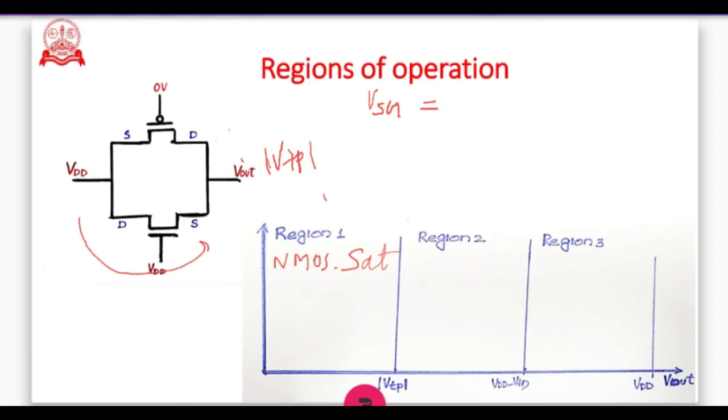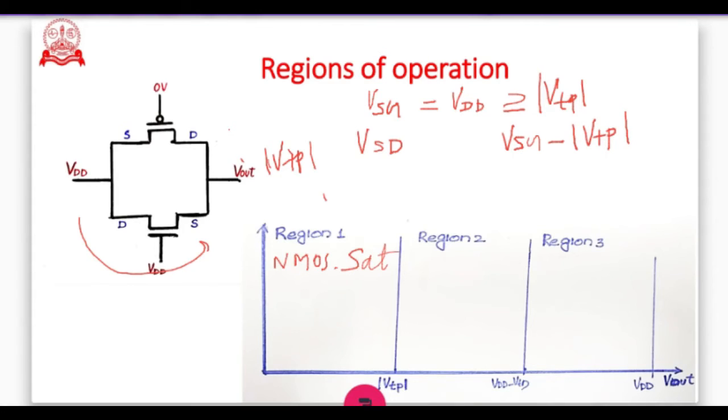Here VSG is equal to VDD, and that is definitely greater than modulus of VTP. So PMOS is on. Now we will check whether it is in saturation or linear. For that we compare VSD and VSG minus modulus of VTP.